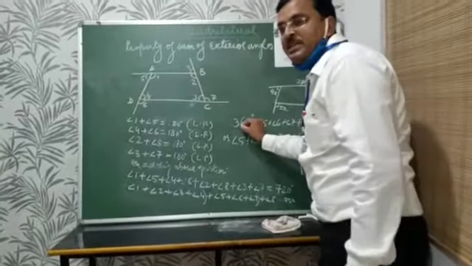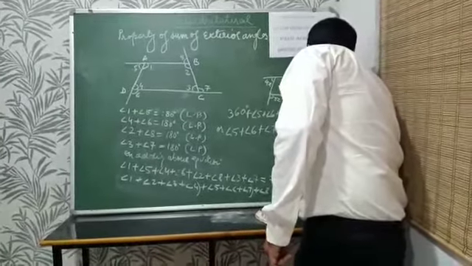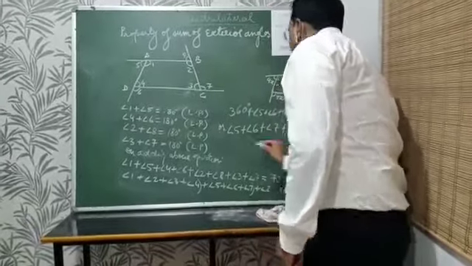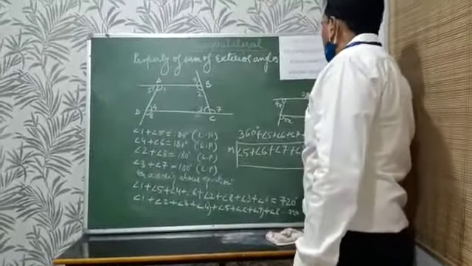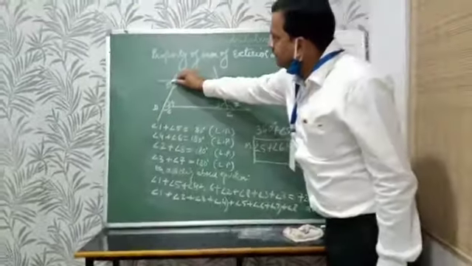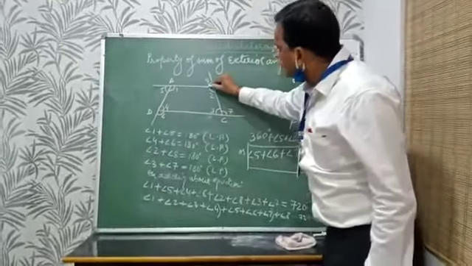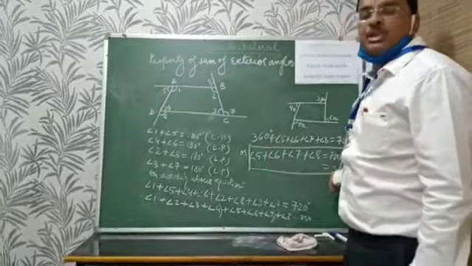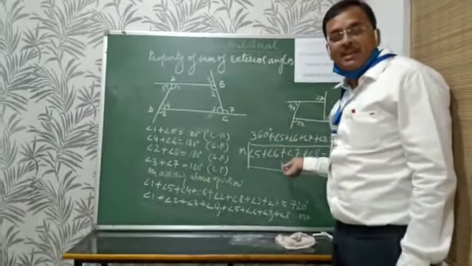When we shift the 360 from the LHS to the RHS, it becomes minus 360, so 720 minus 360 is equal to 360. It means the sum of angles 5, 6, 7 and 8 is equal to 360 degrees. This is the property of the sum of exterior angles.